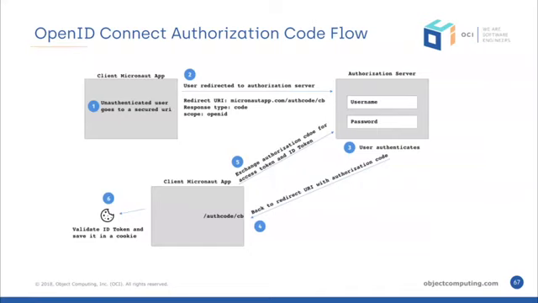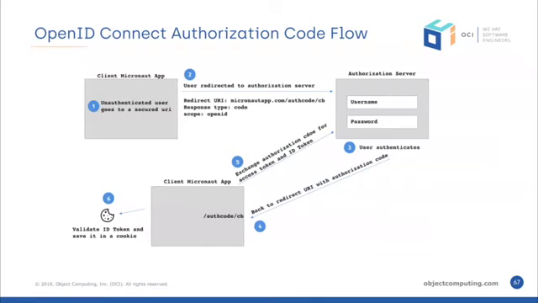The way we do this is, once an unauthenticated user goes to a URL that is secured in a Micronaut app, we redirect the user to the authorization server, ask for the code flow, and supply a scope of OpenID. The authorization server then typically displays a login page to the user. The user logs in there, gets authenticated, and the authorization server redirects us with an authorization code. We exchange that authorization code for an access token and an ID token.